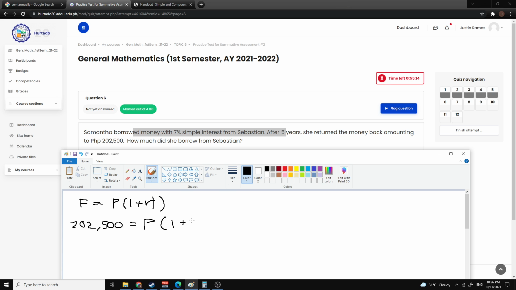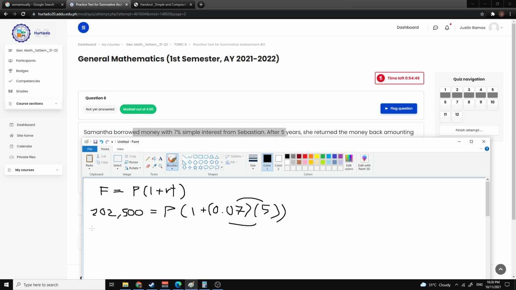R is going to be our interest rate, so it's going to be 0.07, since with percentages we just move the decimal point by 2 places to get the decimal value. Then it's 0.07 times the time, which is 5. So we're going to have to multiply both of these, and what do we get?